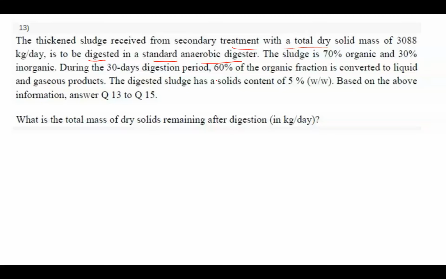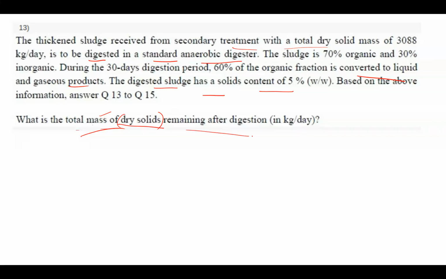During 30 days of digestion period, 60 percentage of organic fraction is converted to liquid and gaseous products. The digested sludge has a solid content of 5 percentage weight by weight. Based on the above information, what is the total mass of dry solid remaining after the digestion? So here also we have to find out the mass of dry solid after 30 days of digestion period. So how do you first calculate this?